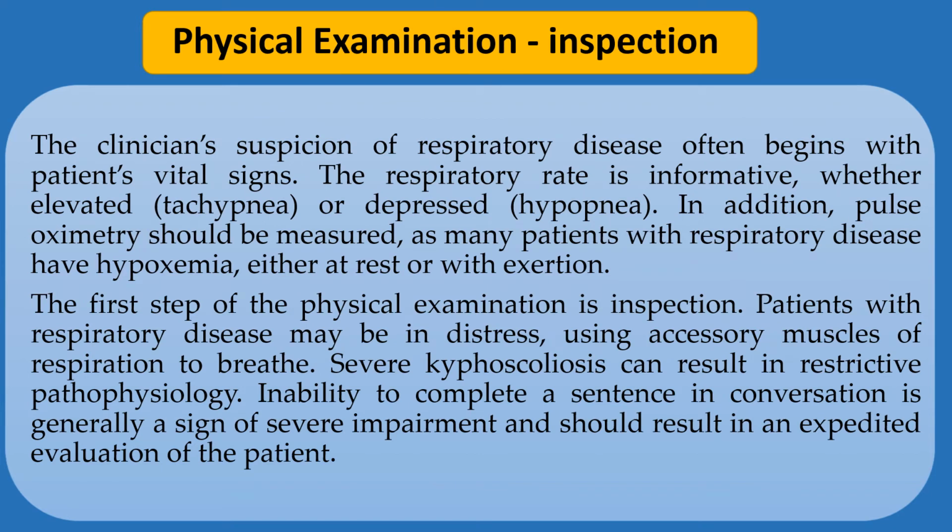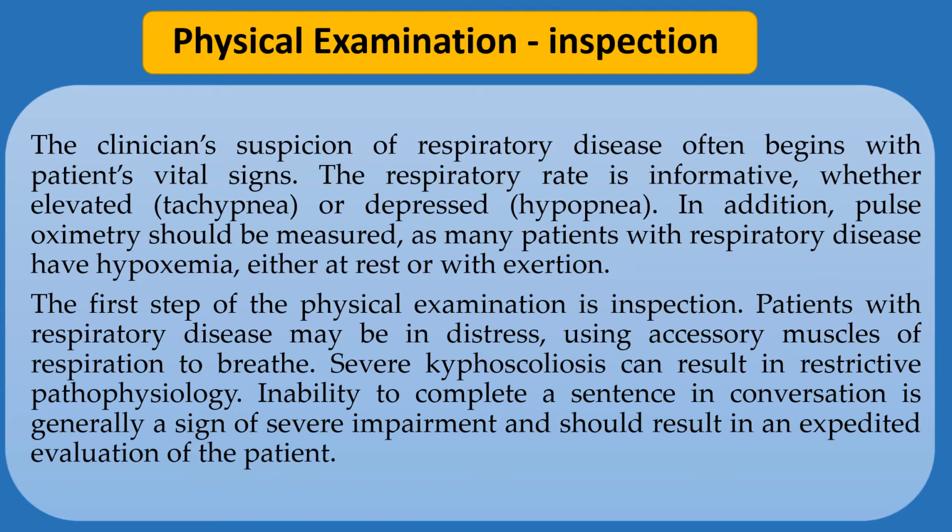The clinician's suspicion of respiratory disease often begins with patients' vital signs. The respiratory rate is informative, whether elevated, tachypnea, or depressed, hypopnea. In addition, pulse oximetry should be measured, as many patients with respiratory diseases have hypoxemia either at rest or with exertion. The first step of the physical examination is inspection.